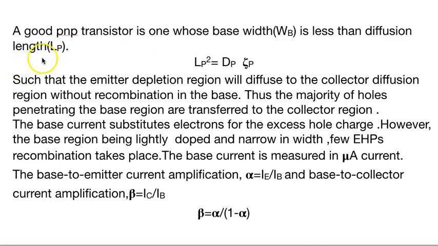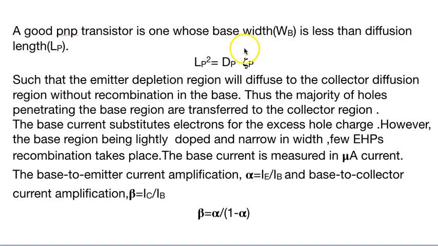Suppose in our earlier example, when the majority charge carriers in the P region, such as holes, are transferred from the P region to the N region, then the length covered by the hole in the N region before combining with an electron is termed the diffusion length, which equals the square root of the diffusion constant times tau p.